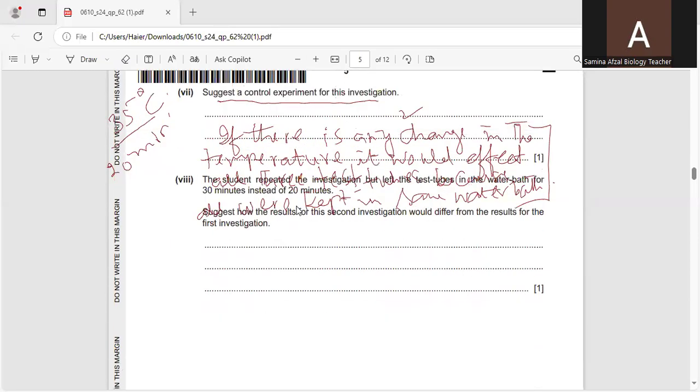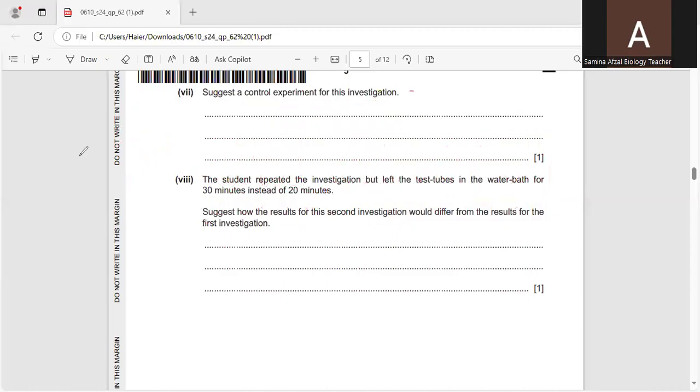Now the next question is, suggest a control experiment for this investigation. The control experiment can be that we use water instead of hydrochloric acid.